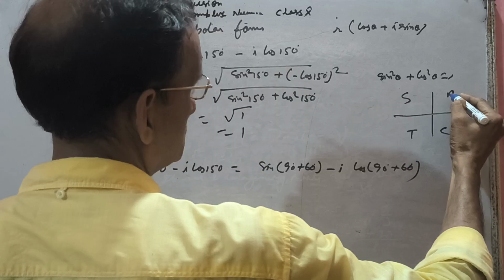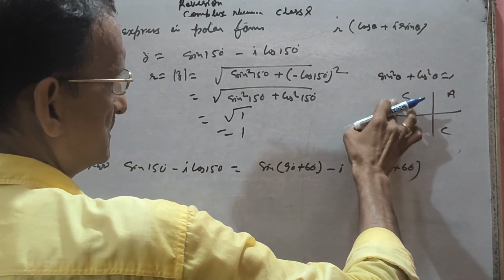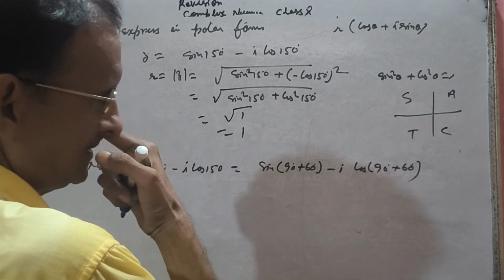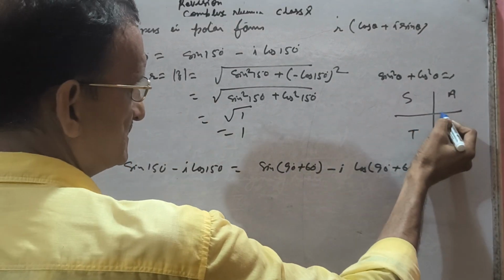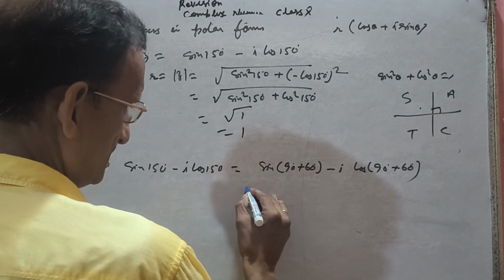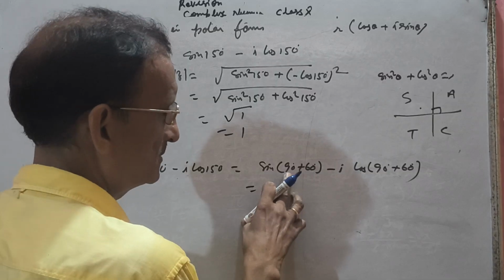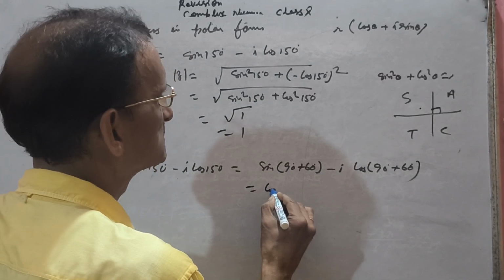Here all trigonometric ratios are positive, here sine and cosec are positive, here tan and cot are positive, here cos and sec are positive. This angle 90 + something falls in the second quadrant, so sine will be positive. But this is 1 into 90, an odd multiple of 90, so the ratio will change. Sine will change to cos.